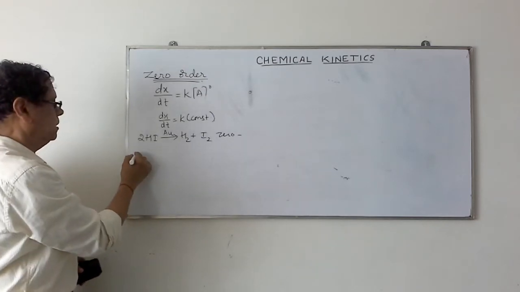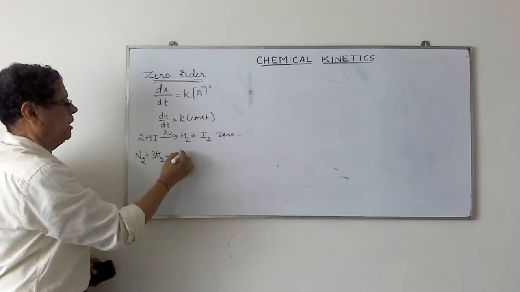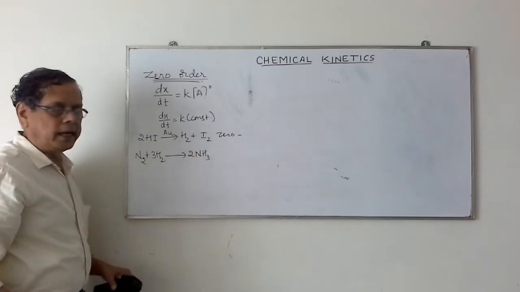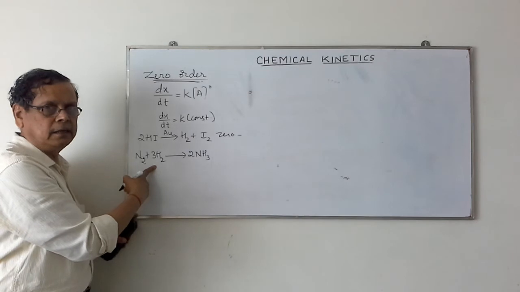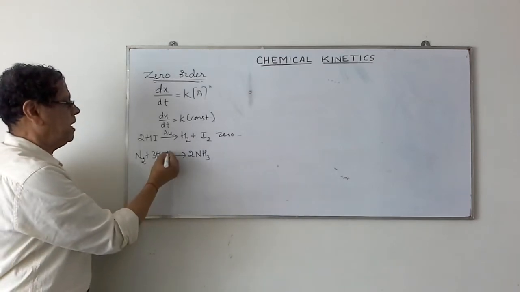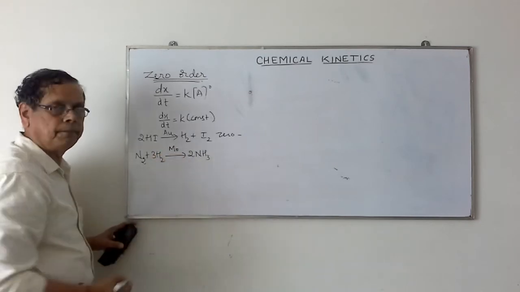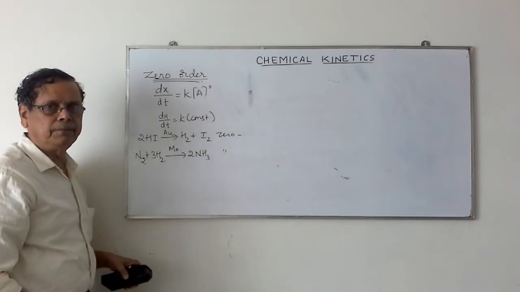The second one is N2 plus 3H2 giving rise to 2NH3. Actually, it is not a tetramolecular reaction because it involves certain mechanism. But when the reaction is carried out in presence of molybdenum catalyst, this follows a zero order mechanism.